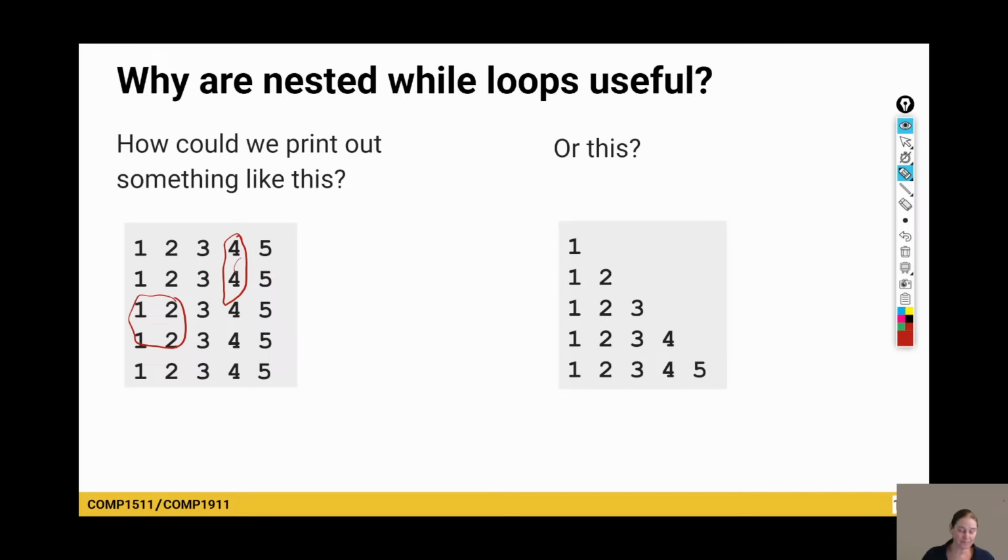So you're often going through a two-dimensional grid and printing it out or looking at it in some way. So we want to write code that can print out this pattern.